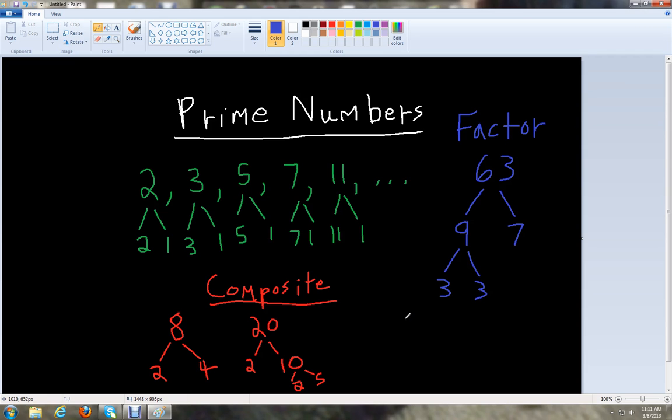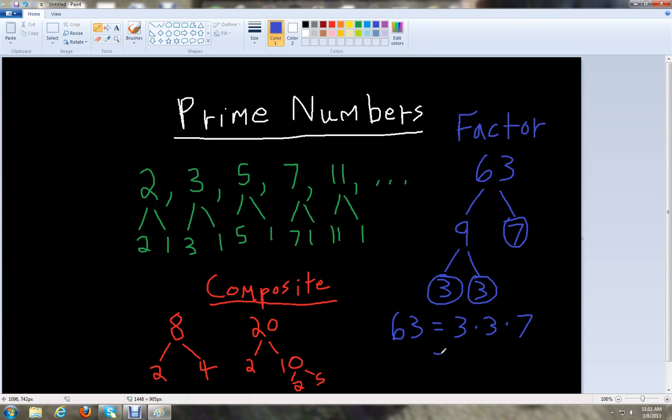So we know that 63 is equal to, we take the numbers here at the bottom of the tree and multiply them together. So we have 3 times 3 times 7.